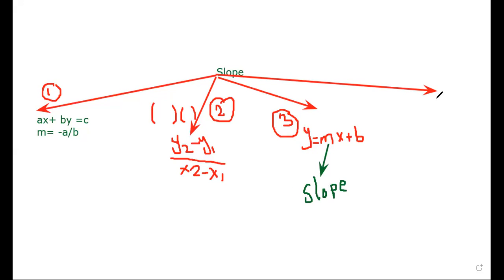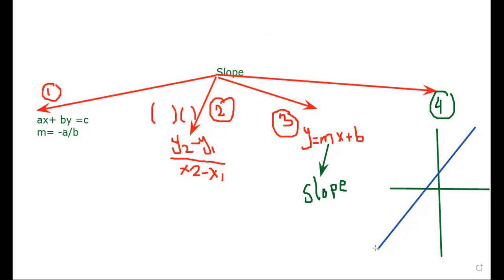The fourth way, if anyone can remind me how we can calculate the slope by the fourth way? Yes, please, Hannah. Rise over run. Exactly. Rise over run. When we have what? A graph. Yes, when we have a graph and the line, we can use rise over run.